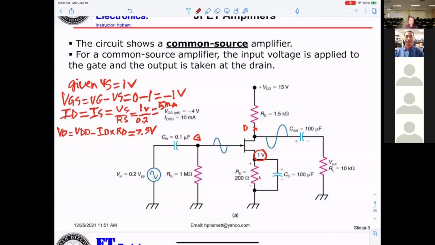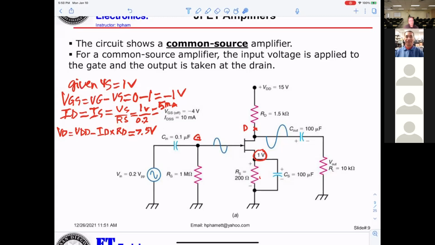That's not hard to do. You only have to make sure it's a common source amplifier. Input is applied to the gate, and output comes out from the drain. That is the first thing you must know.